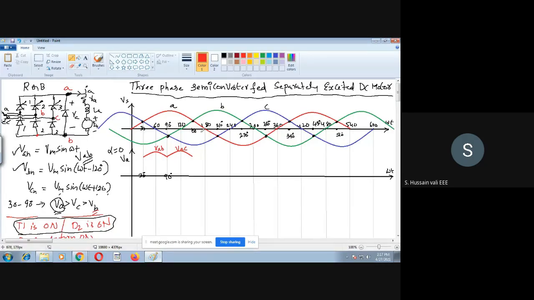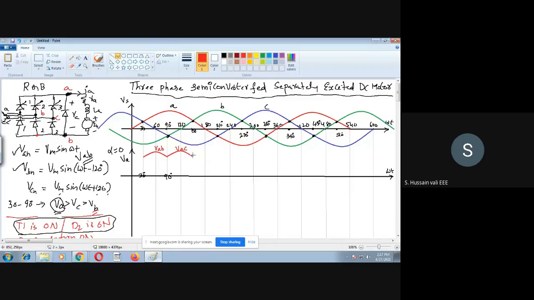For example, if you take 150 to 210, in this 60 duration, the highest one is the green color, B, and the bottom one is the blue color, C. So you will find out BC. BC is the next one.